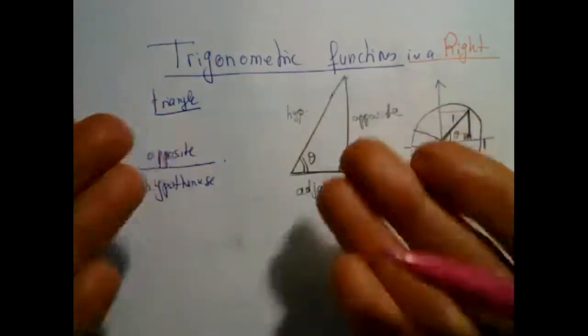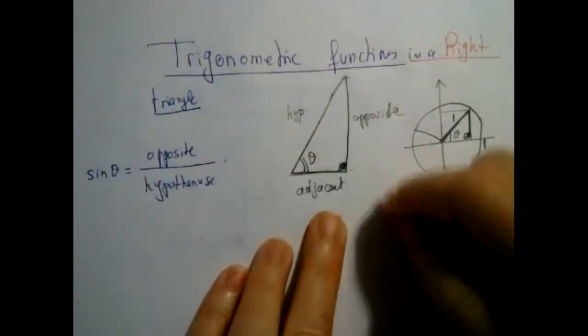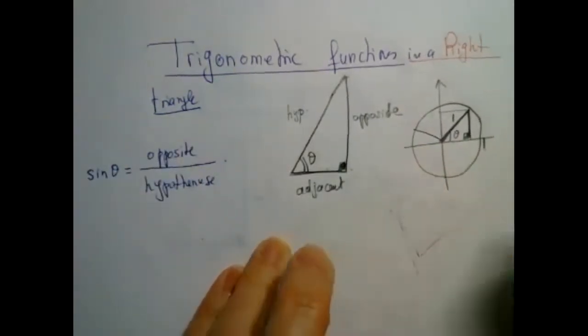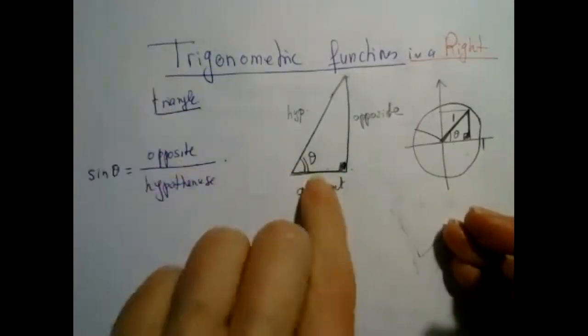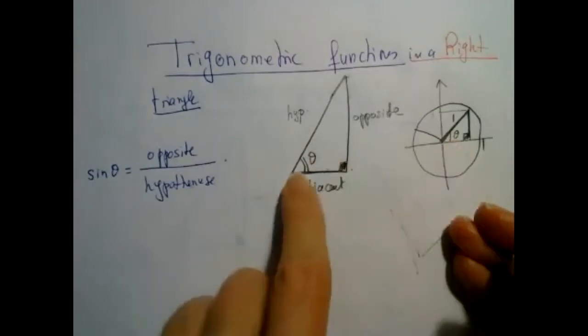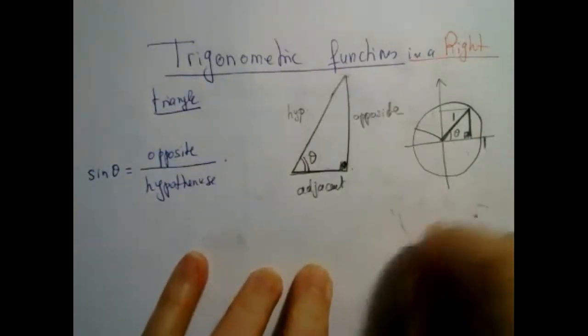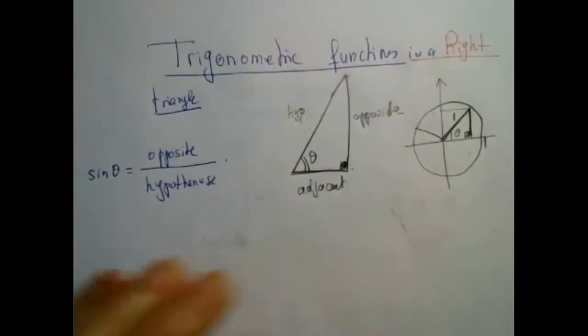This whole concept falls apart for bigger than 90. And that's where we have to go back and use the unit circle. So this definition is restricted to the right triangle. It coincides with our definition, but this does not extend for angles larger than 90 degrees. There is no more idea of hypotenuse at all in that definition.